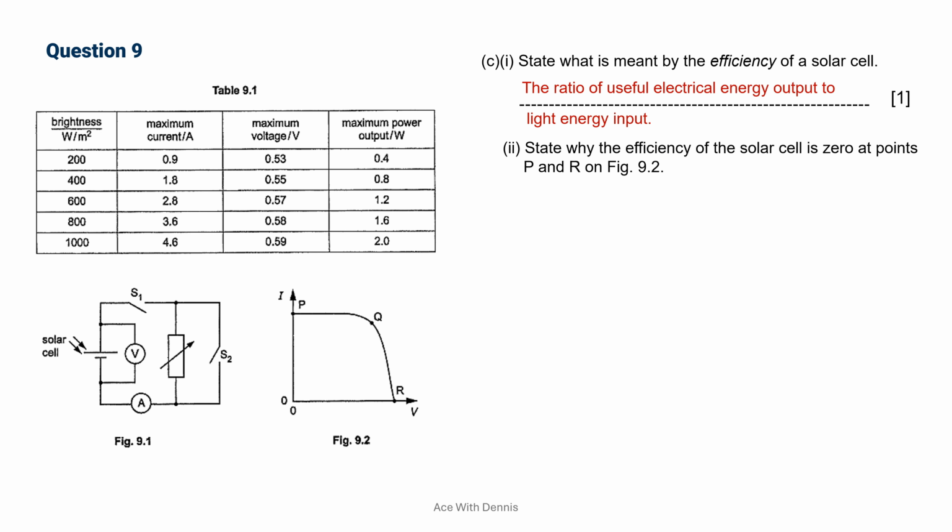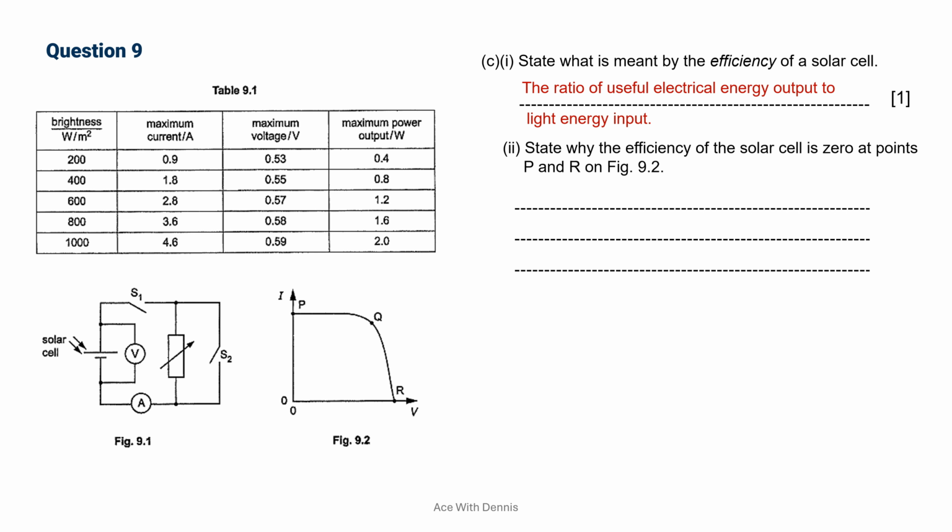Part 2. State why the efficiency of the solar cell is 0 at point P and point R on figure 9.2. 2 marks. The reason is that energy output can be calculated with the formula E equals VIT. At point P, voltage output is 0 because it is short circuit.